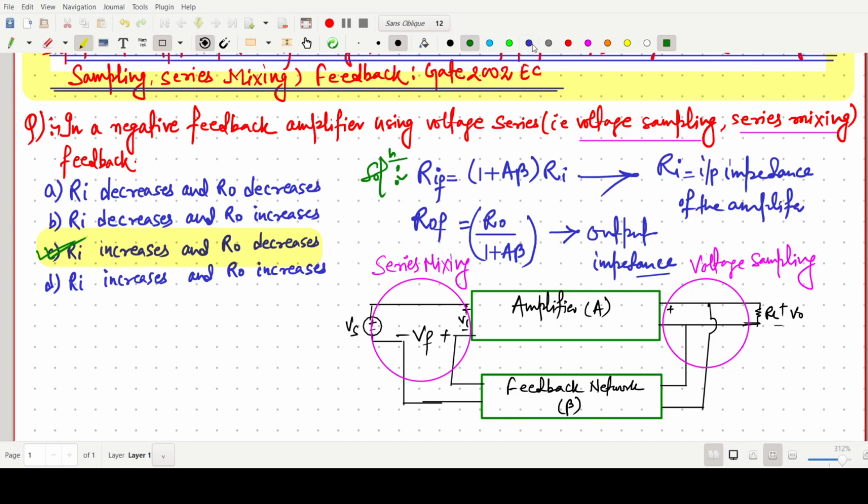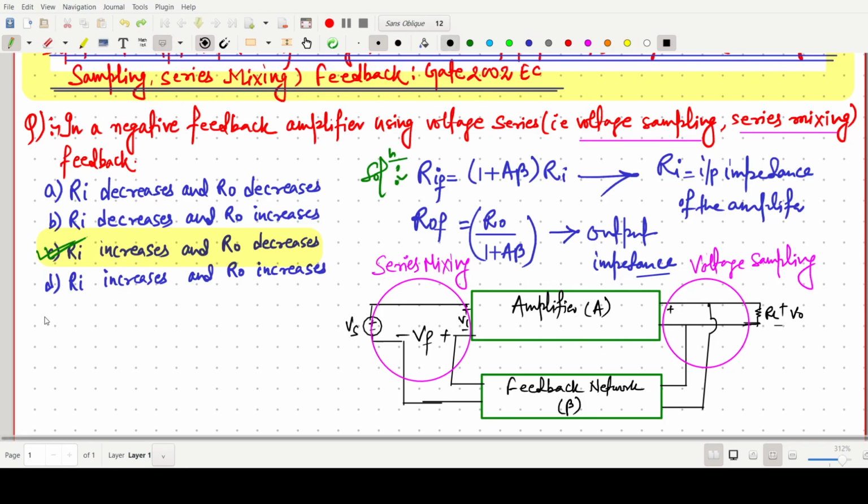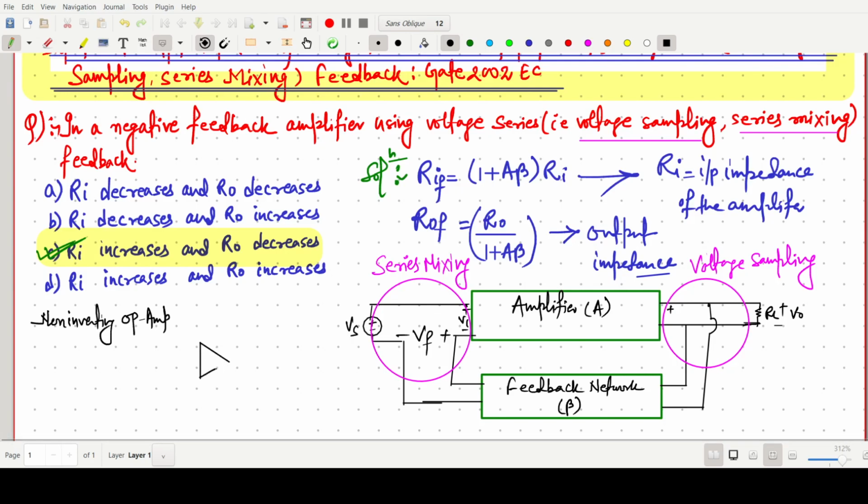One of the fundamental examples we can go for is a simple example, that is our non-inverting op amp. I am writing non-inverting op amp here. This one is just an example I want to show you.